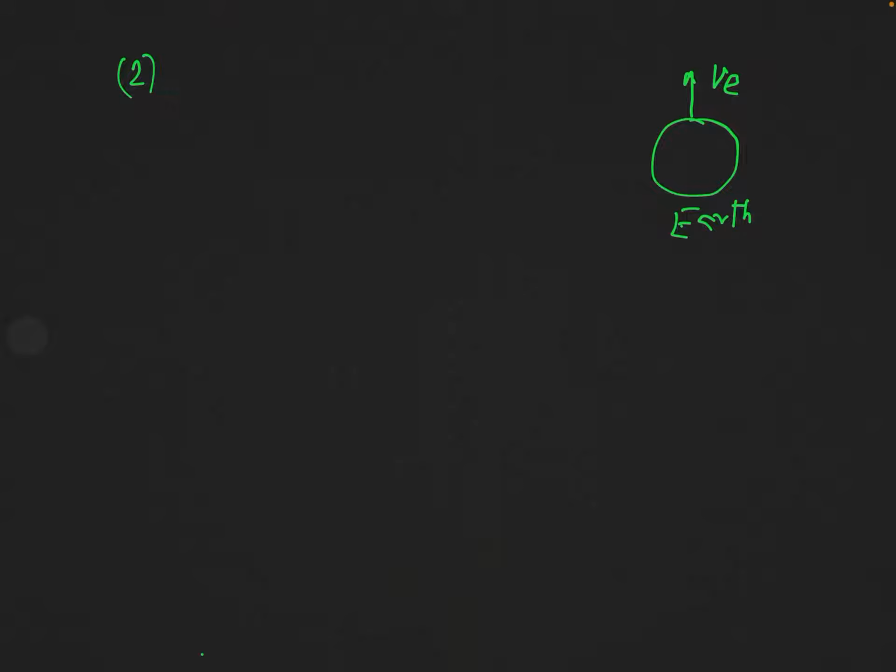Now, according to the given problem, the molecule of the gas will escape from the Earth's surface. So the kinetic energy of the molecule should be equal to half m VE square, because its speed will be equal to VE.